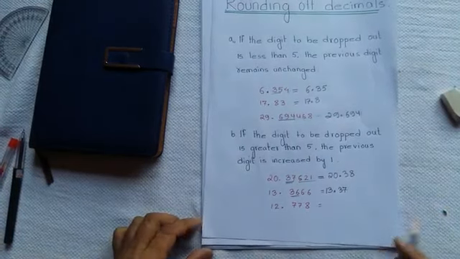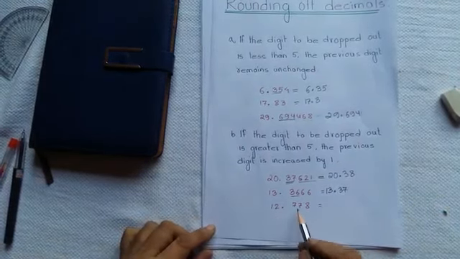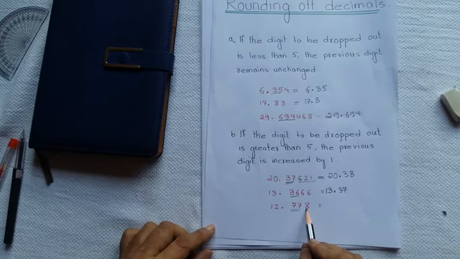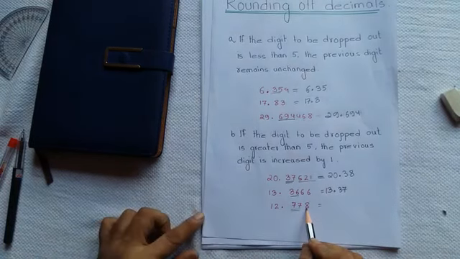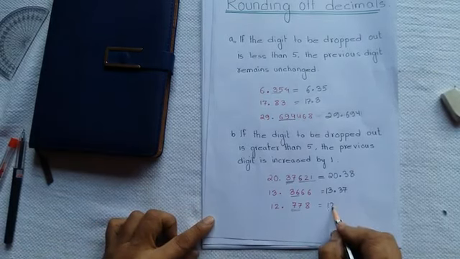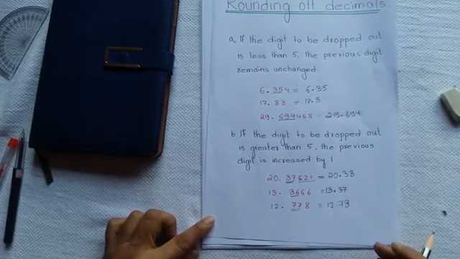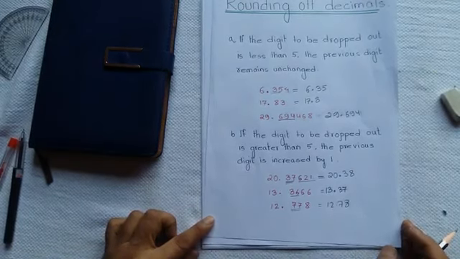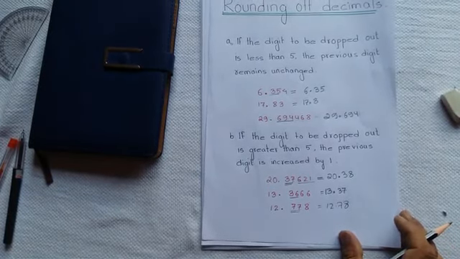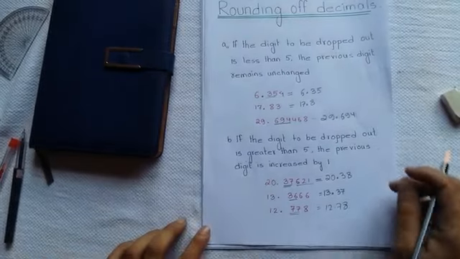And here again, you want to keep 2 digits after the decimal point. See the digit next to it, which is greater than 5. That means you need to increase this digit by 1. So you write 12.78. So rounding off decimals, if the digit to be dropped out is greater than 5 or less than 5, it is done in this way.